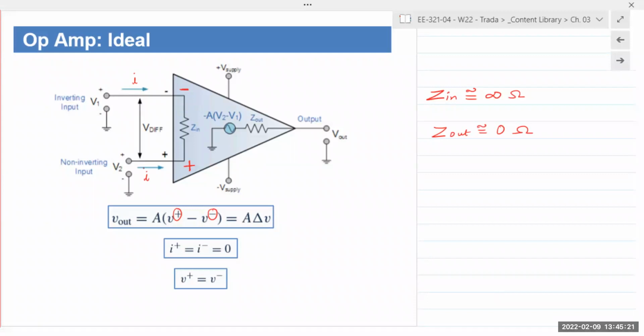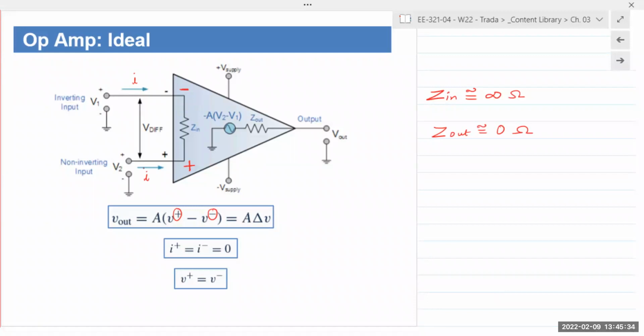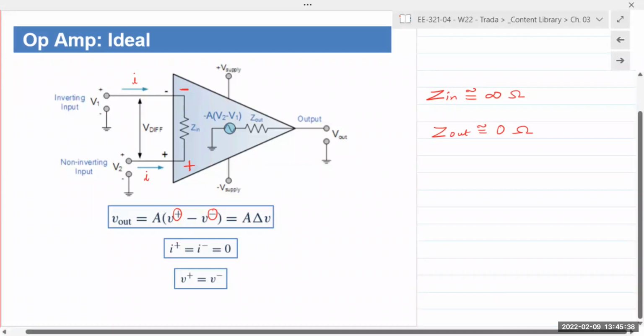So an ideal op-amp is not going to pull any current coming in. There will be a voltage difference, but it's not going to allow any current to actually go into the op-amp itself. So if there's no current going in and it's infinite impedance, we can say that both currents are equal to 0.